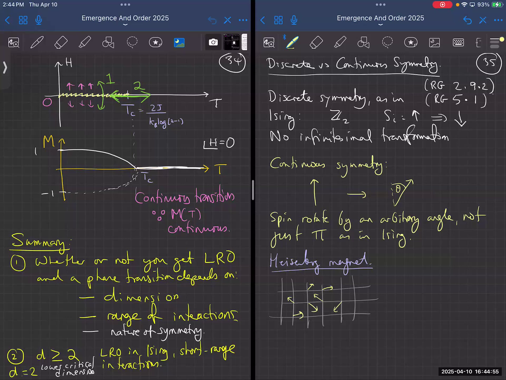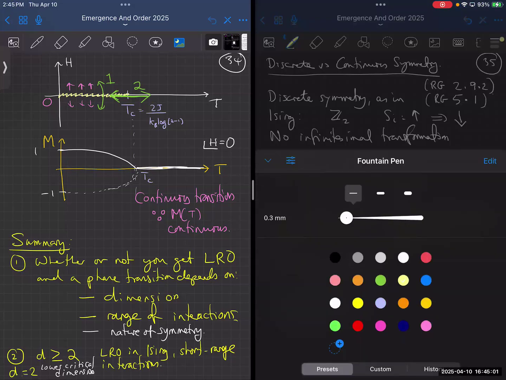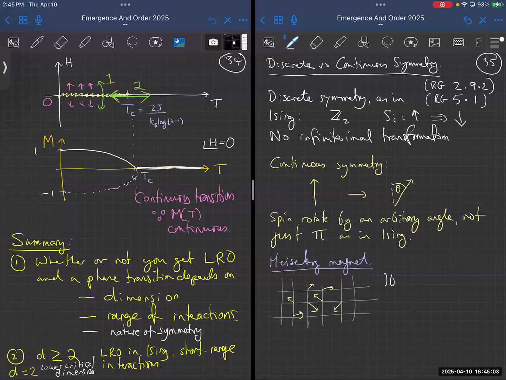So what I'm going to write down as the Hamiltonian for this would be the following. The energy of the system is just minus J, the coupling constant, then looking over nearest neighbors, I take the spin at site i and take its dot product with the spin at site j. And that would be the interaction term.